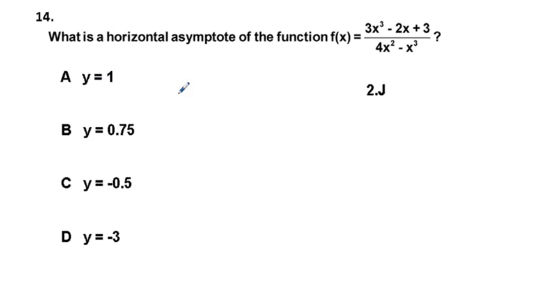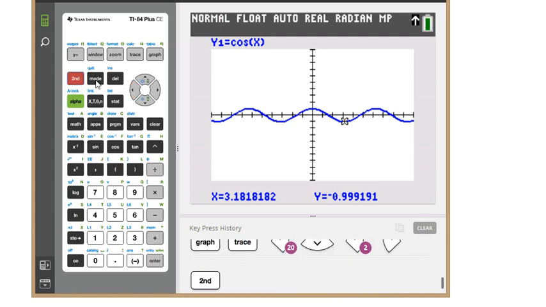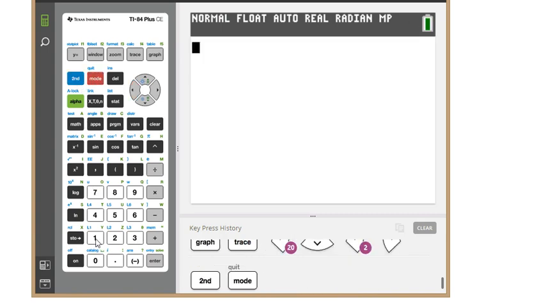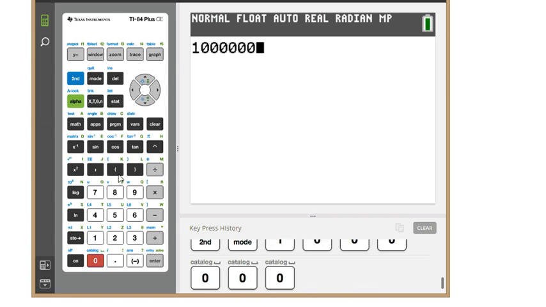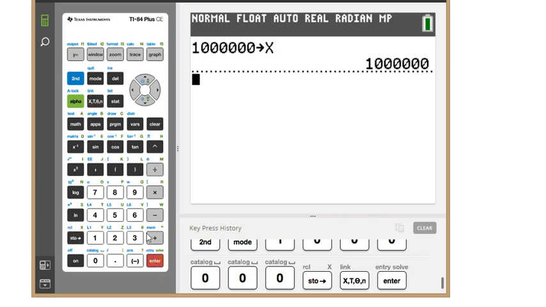So if I say x equals a real large number, we can make it 1,000,000. Let's put it in the calculator. I'm going to put 1,000,000 in storage, the STO key, x. Let's enter. We've stored 1,000,000 for x.